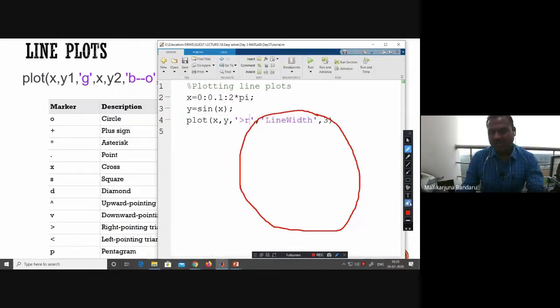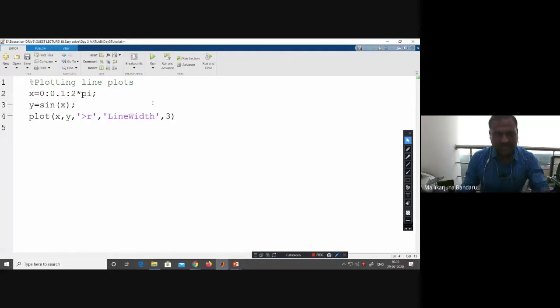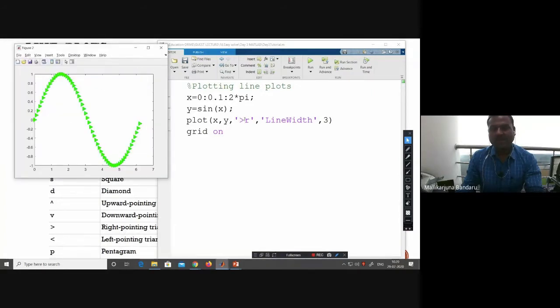Now the question is, I would like to visualize both sine and cos in the same graph. Sorry, let us move first. How do you make the grid for that? Grid on, simply. See, this is a format, right? Let us move to simply the solid one.